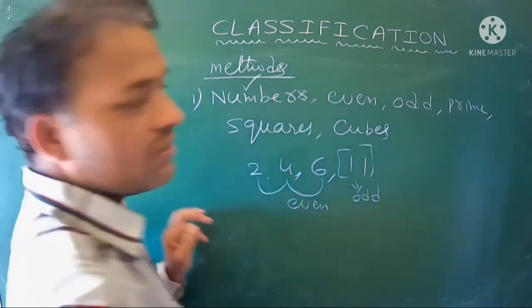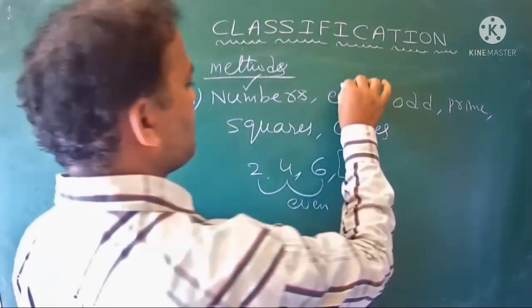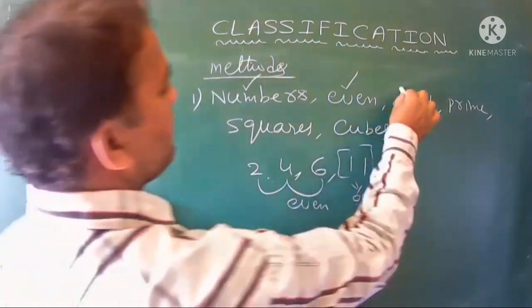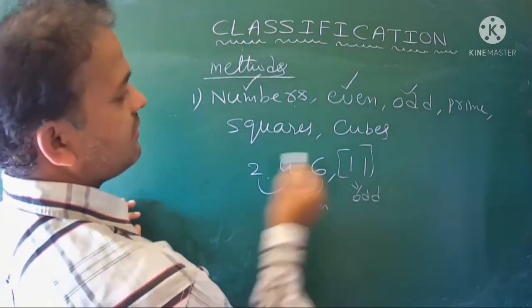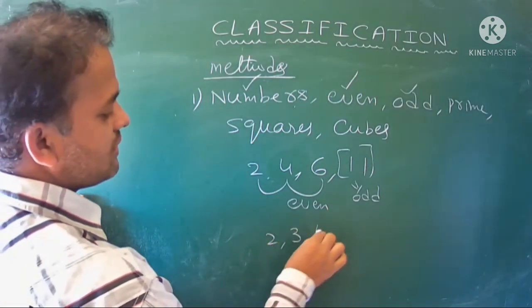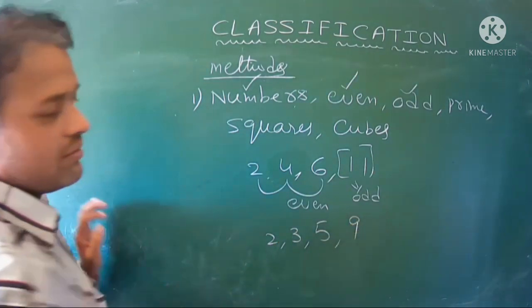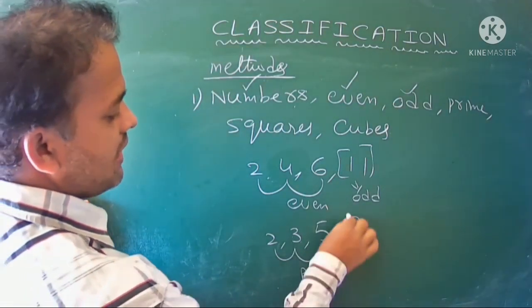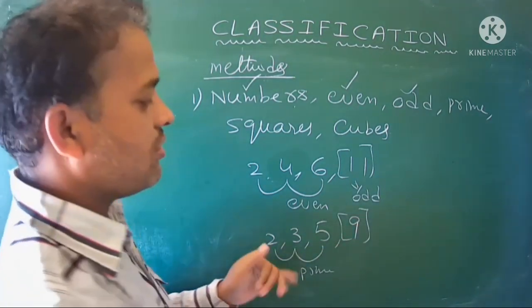That is the example. Similarly with even and odd, and also in the same method with primes: 2, 3, 5, 9 will be given. Here 2, 3, 5 are primes, and 9 is the odd one out.